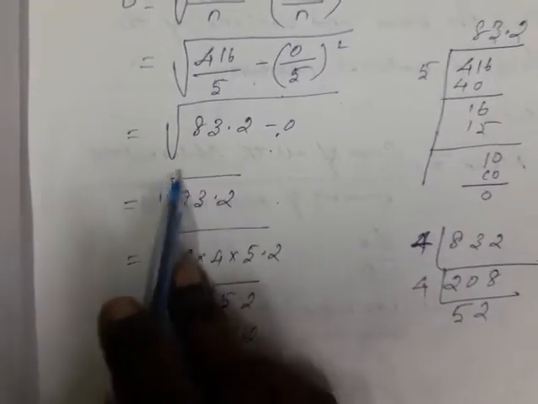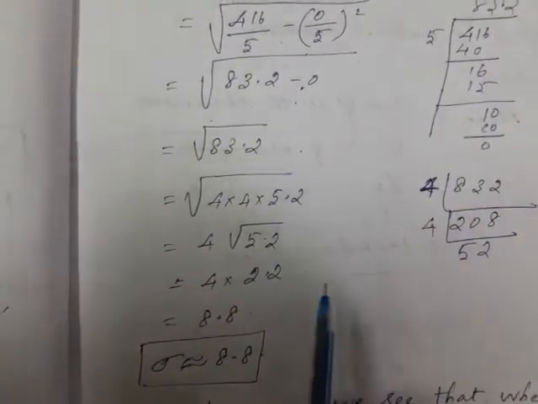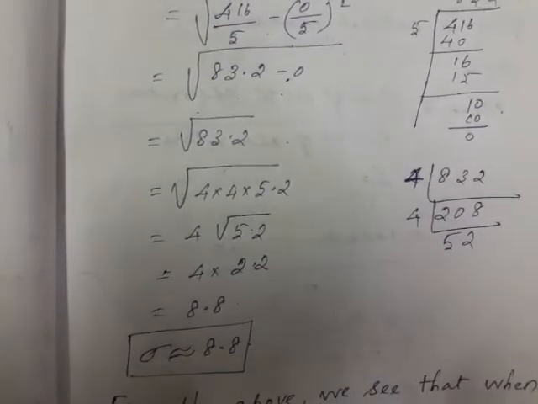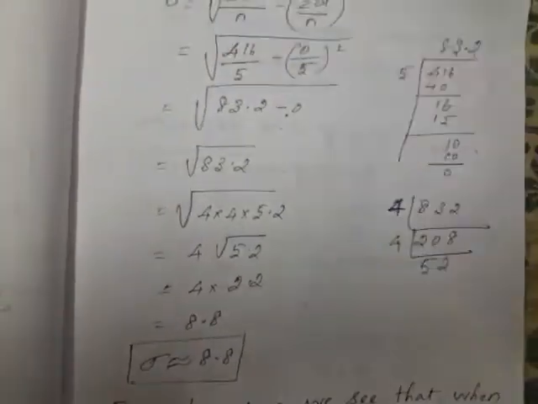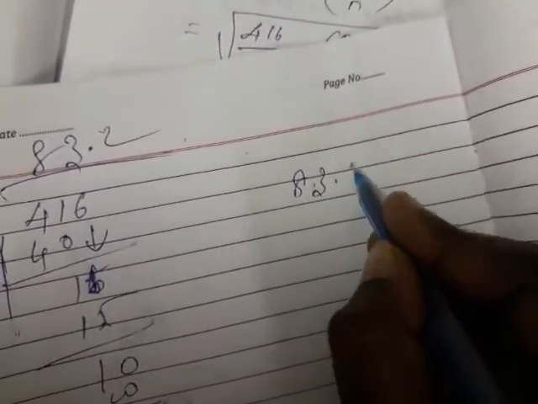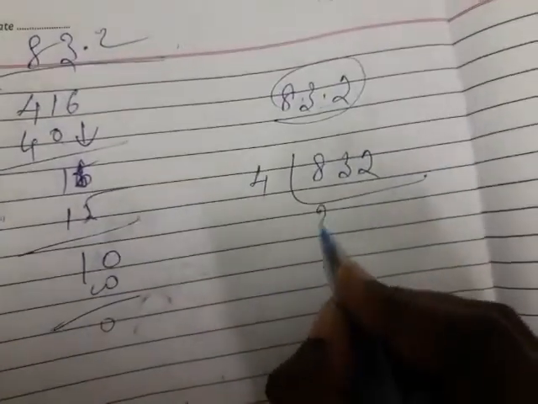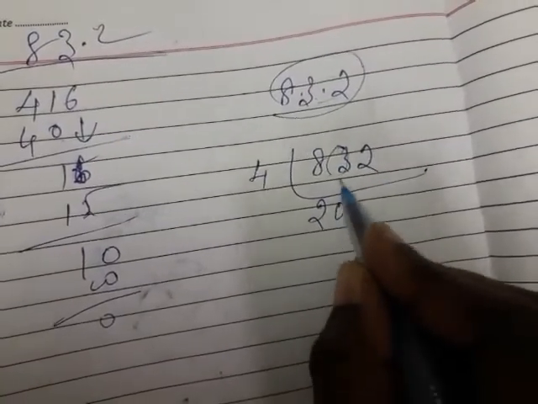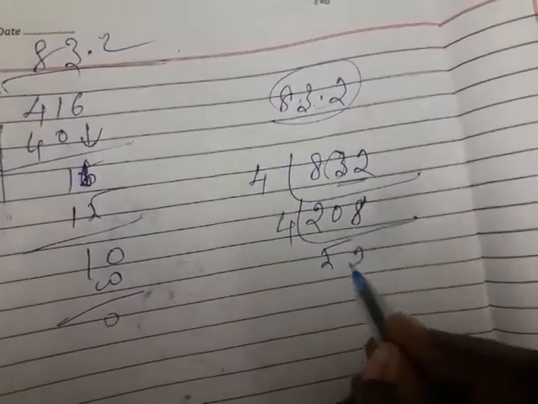Listen, I already said that in addition the standard deviation never changes. But in multiplication, the standard deviation answer you get will be a multiple of 4. So first you have to split it. 83.2: remove the dot first, 832. Normally you have to get a multiple of 4, so take 4 and divide. 2 fours are 8, 3 is not divisible, so add 0 and take 2 numbers: 8 fours are 32. Next 4: 5 fours are 20, 2 fours are 8.